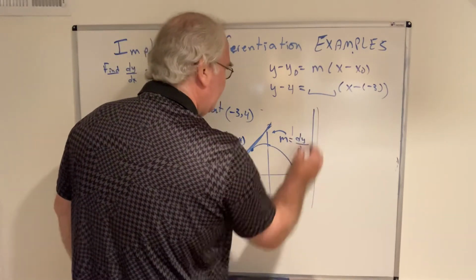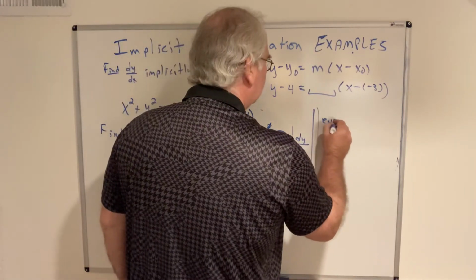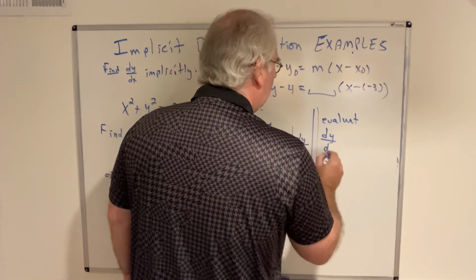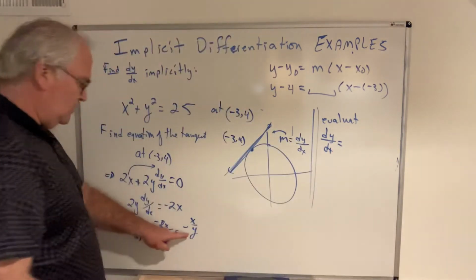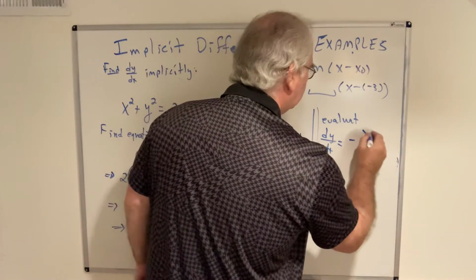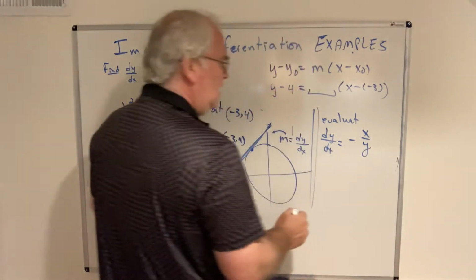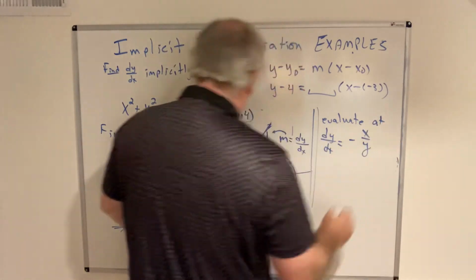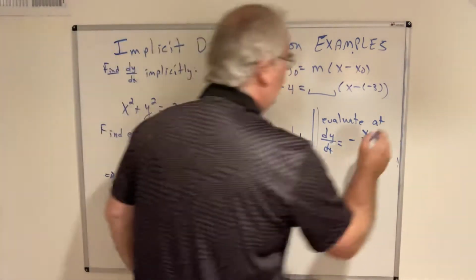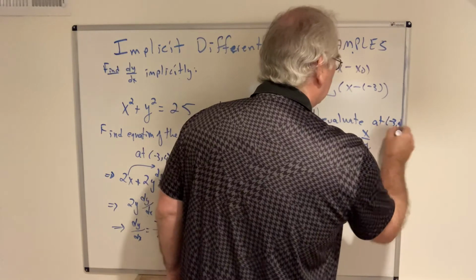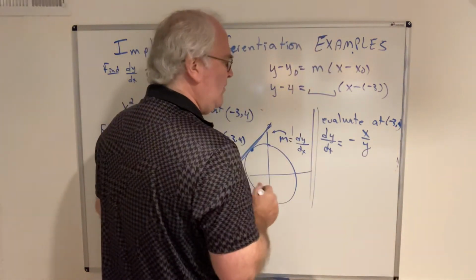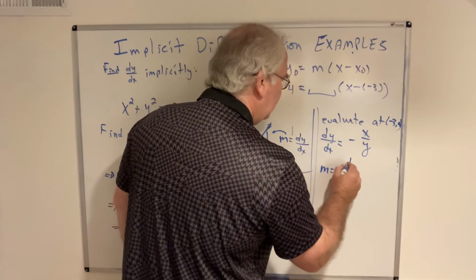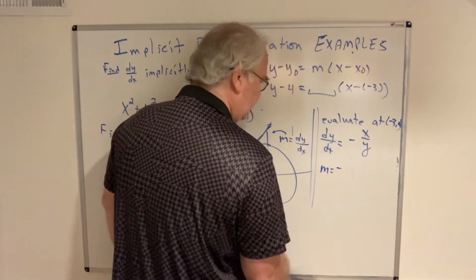We need to evaluate dy/dx, which is equal to negative x over y, at, what are my given values? Negative 3, comma 4. Here's the way we write that. The slope is negative x over y.